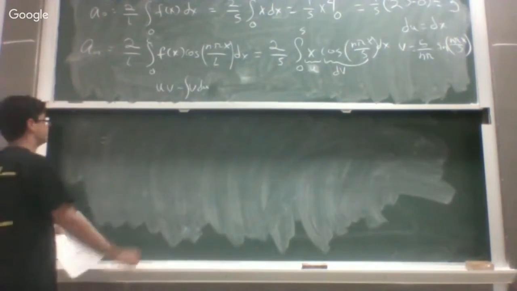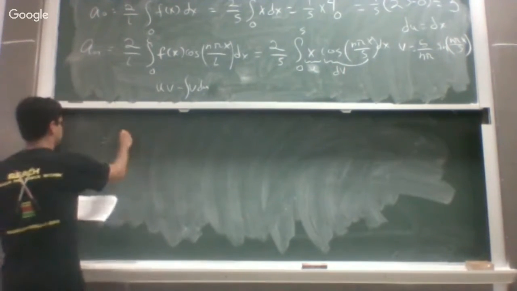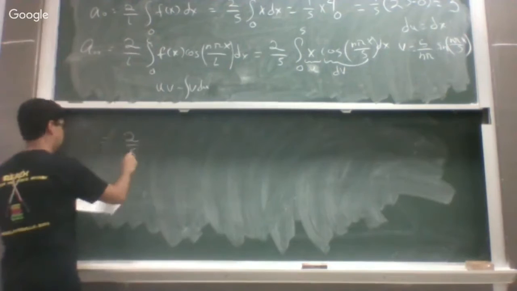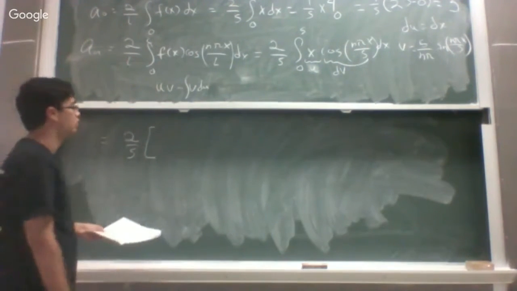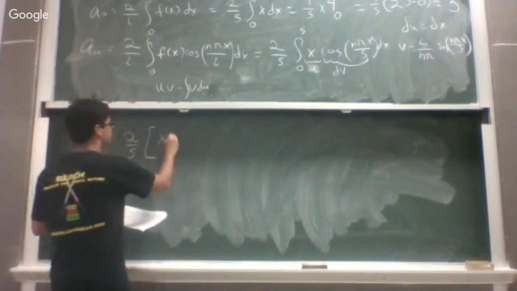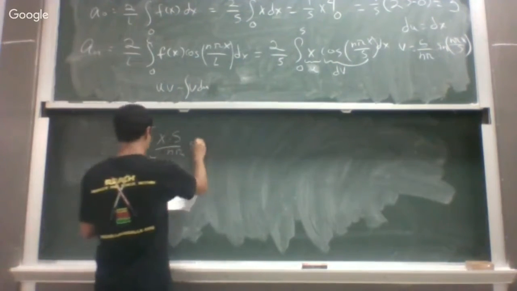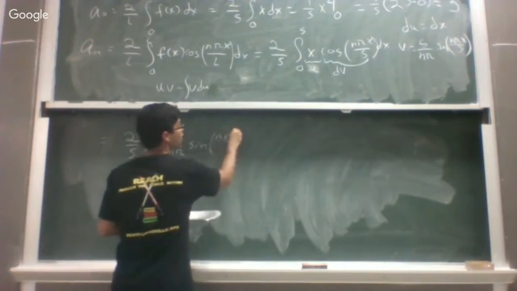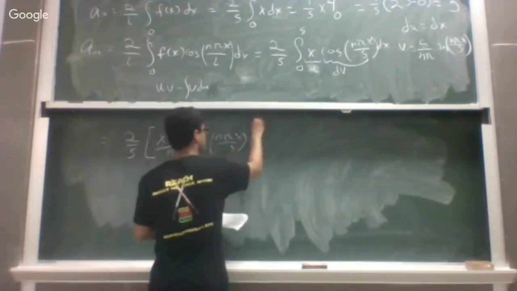Yeah, okay. So we have 2/5 always times u, which is our x value, times v, which is our 5 over n pi times sine of n pi x over 5. And then we plug in the values from 0 to 5.